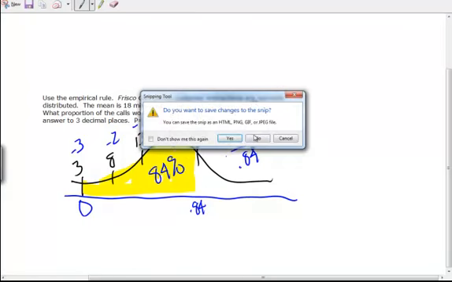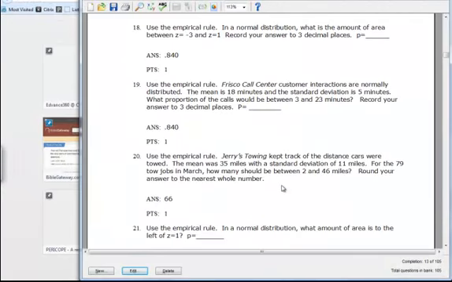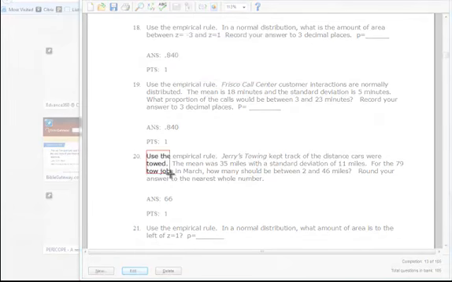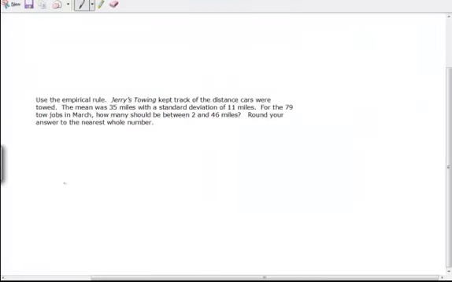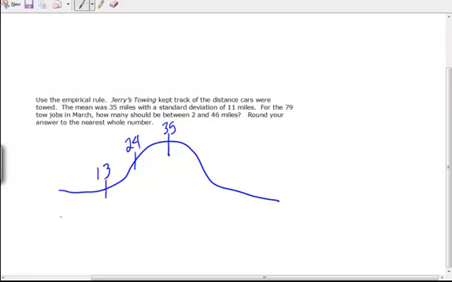Let's do another one. We're going to do another one of those towing problems. In this case, you always draw the normal curve, and we've got the mean is 35, and standard deviation is 11. So if we subtract 11, we get 24. Subtract 11, we get 13. Subtract 11, we get 2.